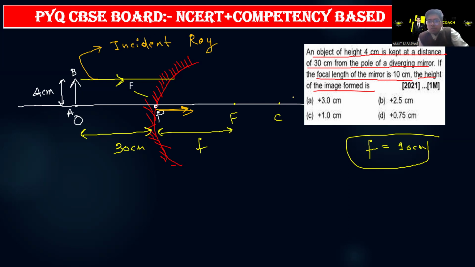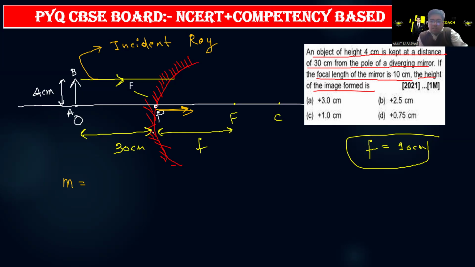Clear? So actually what they are asking is, they have mentioned that focal length is given, and we need the height of the image. Now what will m be? Tell me. I think you have read about the image formed by the convex mirror, that it is virtual, erect.